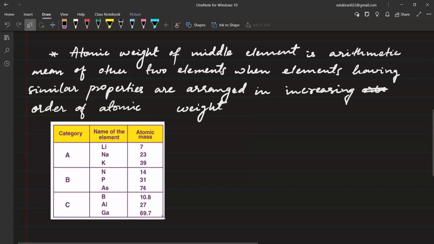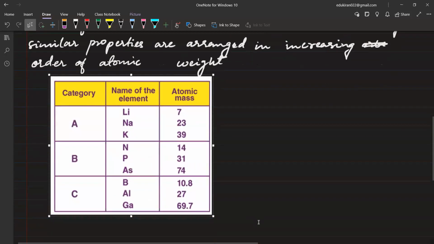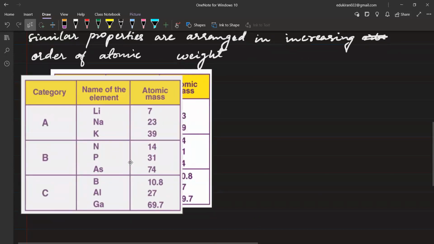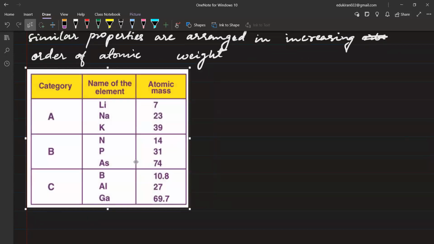And as you can see, here we have three triads, right? You have lithium, sodium, and potassium. And 23 here is the middle element, right? The atomic weight of sodium is 23.